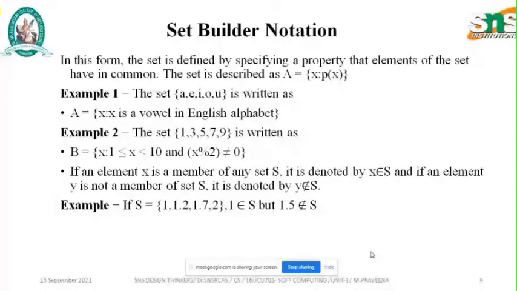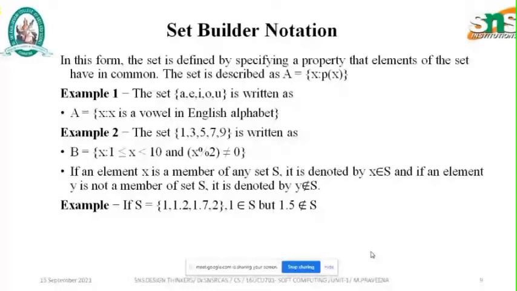If any element x is a member of a set S, it is denoted by x belongs to S. And if an element y is not a member of set S, it is denoted by y does not belong to S, using the symbol.